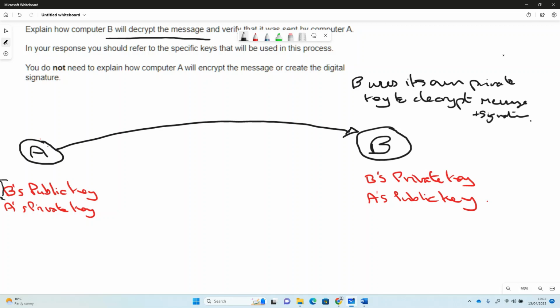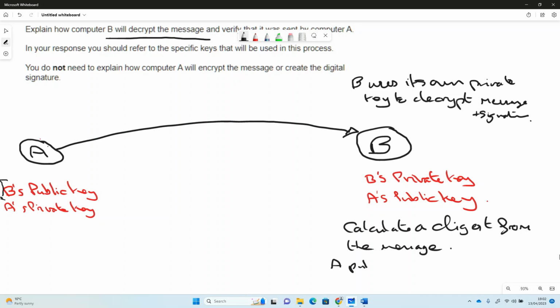So we then calculate a digest from the message, and then we use A's public key to decrypt the digital signature.